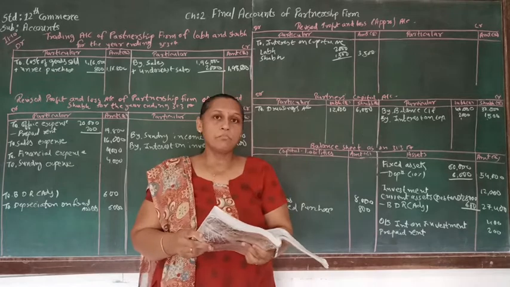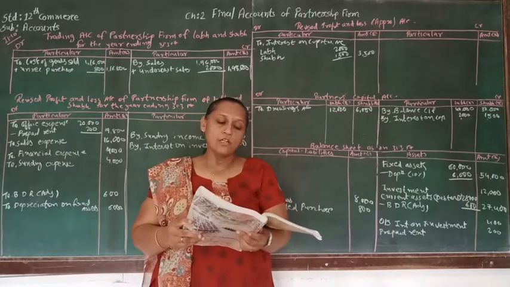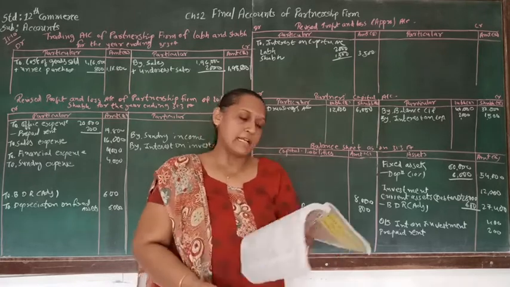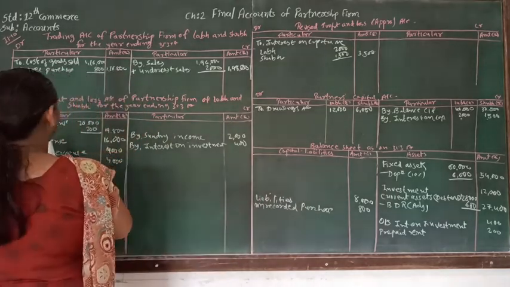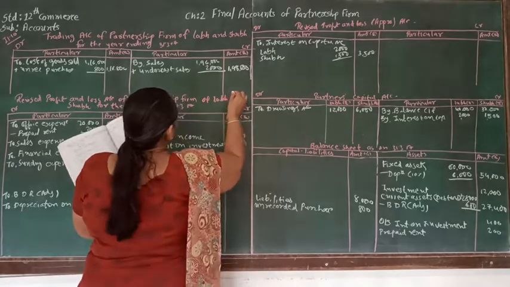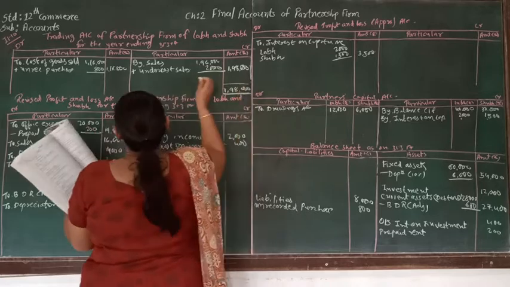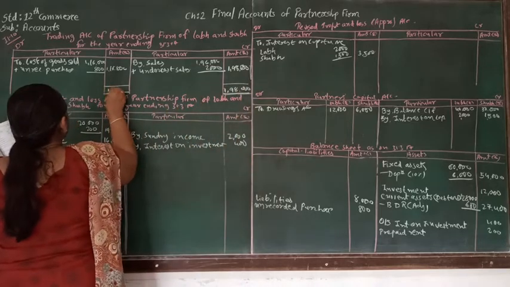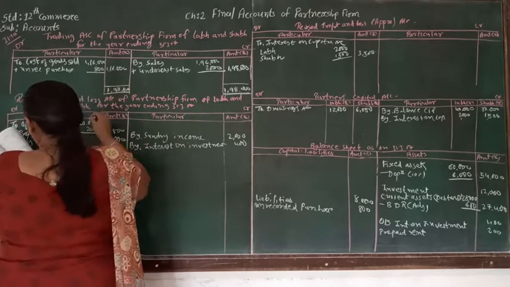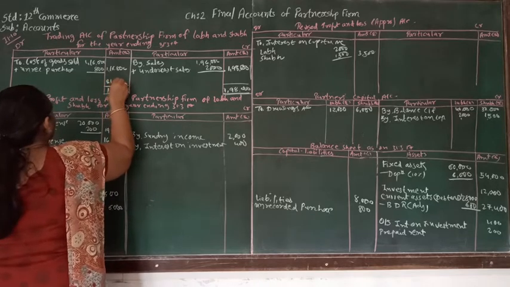Let's find out the balance of the trading account, revised profit and loss account, revised profit and loss appropriation account, partners capital account, as well as the balance sheet. So here the credit side of the trading account is 1,98,000. This is supposed to be taken to the debit side, 1,98,000. From 1,98,000, if we deduct 1,16,800, the balancing amount will be 81,200.